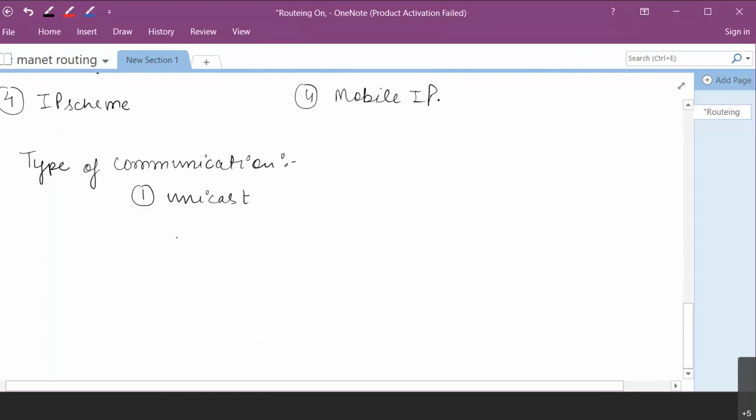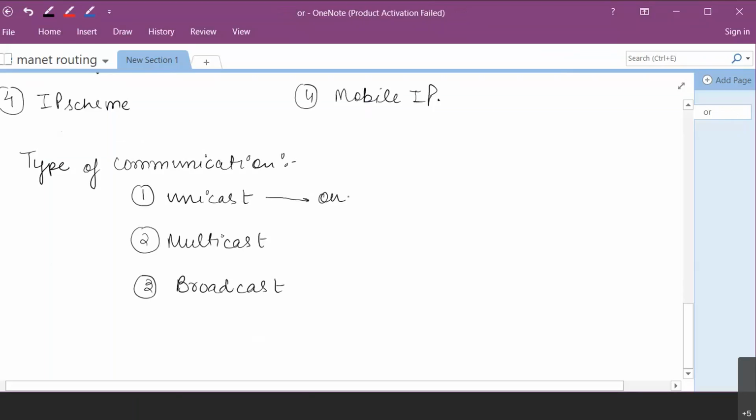The first one is called unicast, the second one is called multicast, and the last one is called broadcast. Unicast is the communication when one entity is communicating to only one entity. There is one-to-one communication. Multicast is the scenario in which one entity wants to communicate to a group. And broadcast is when one entity wants to communicate to all.